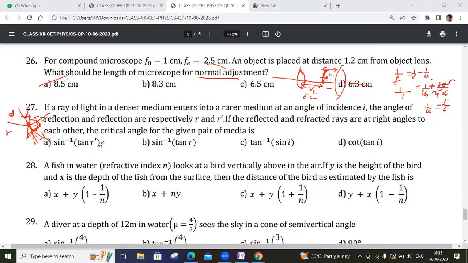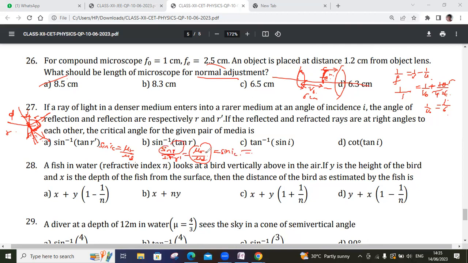So we know sin ic for this pair is mu r by mu d. But if you apply Snell's law, what will we get? Sin i by sin r dash, because that is the angle of refraction, is equal to mu r by mu d, since i is in the denser medium and r dash is in the rarer medium. But mu r by mu d is sin ic.